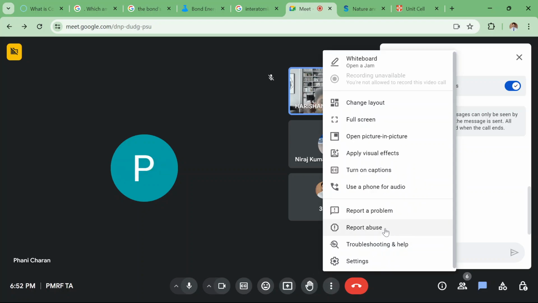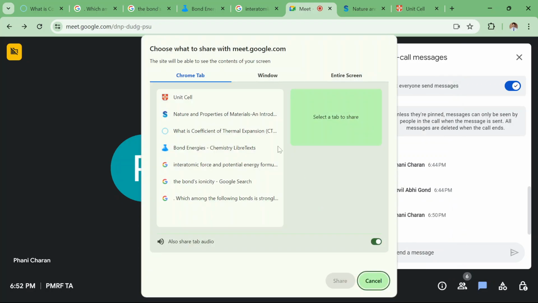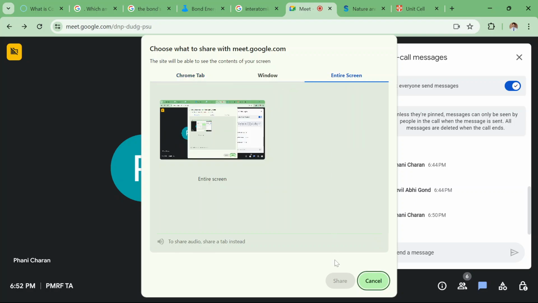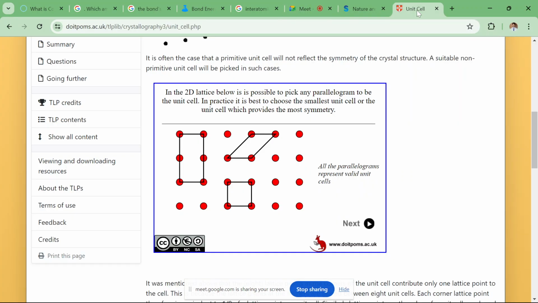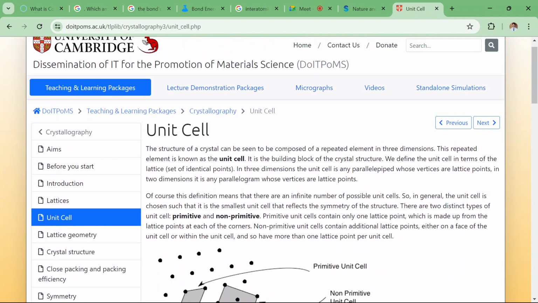Let me show you, one minute. Give me one option that is on screen. Are you able to see my window?